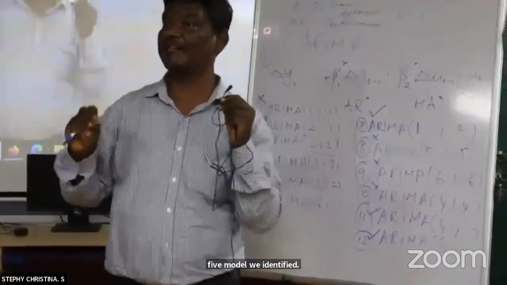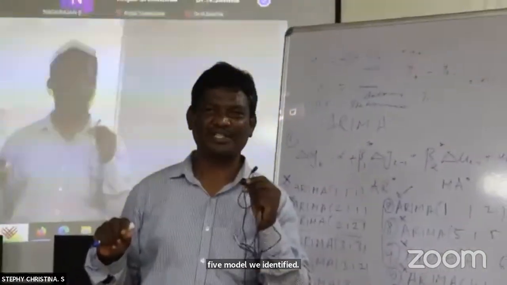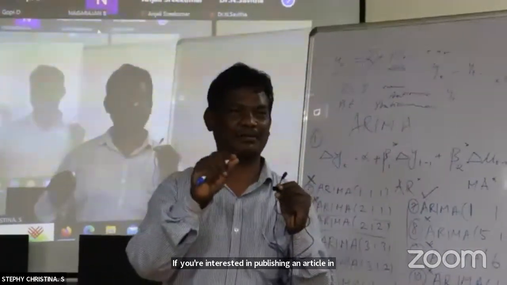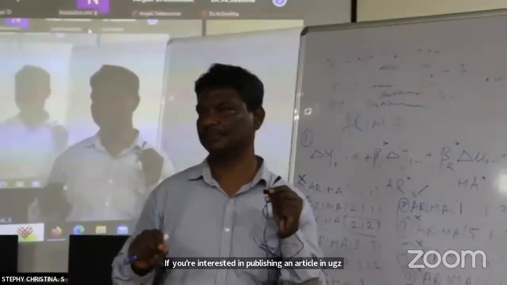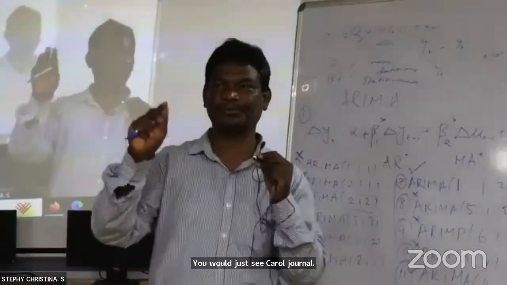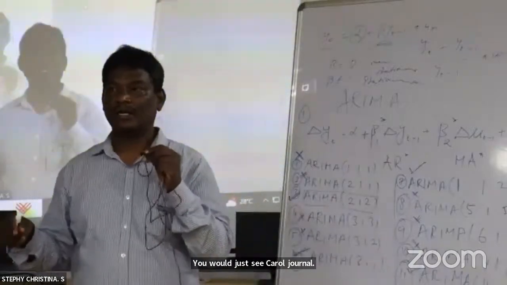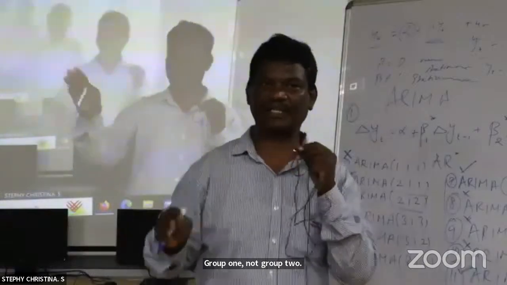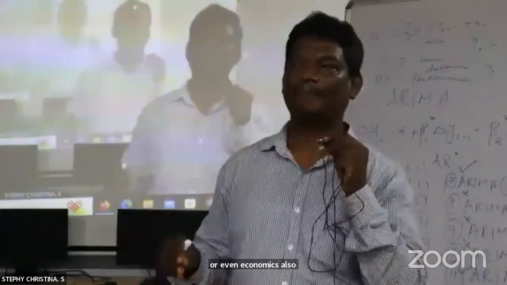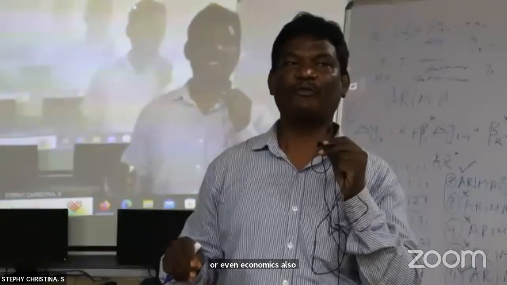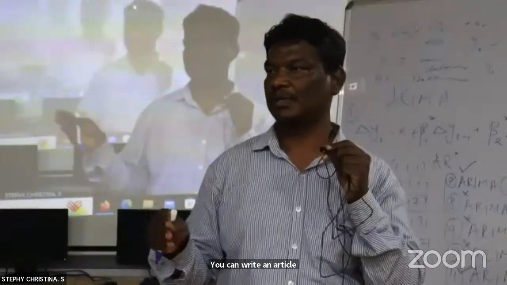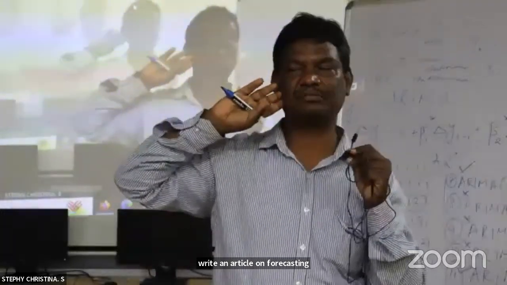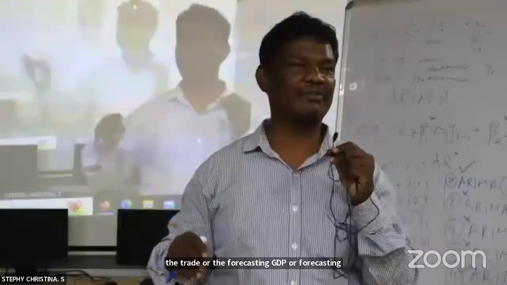If you are interested in publishing an article in a UGC Care journal, group 1, not group 2, especially those who are dealing with financial markets or even economics, you can write an article on forecasting trade, forecasting GDP, forecasting inflation, forecasting macroeconomic variables.